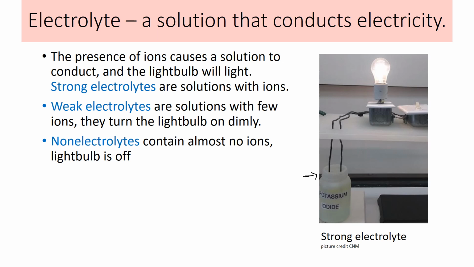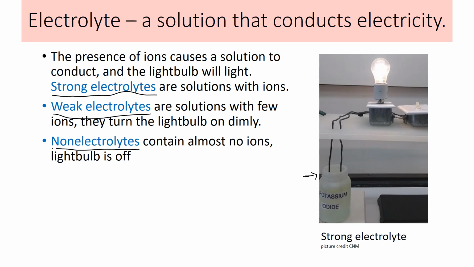And there's really three categories. Strong electrolytes are solutions that contain a significant amount of ions and turn the light bulb on. This picture right here is a strong electrolyte. Non-electrolytes don't contain ions or contain almost no ions, and the light bulb doesn't turn on. And in between, we have weak electrolytes that have a few ions, and so the light bulb will turn on just dimly.